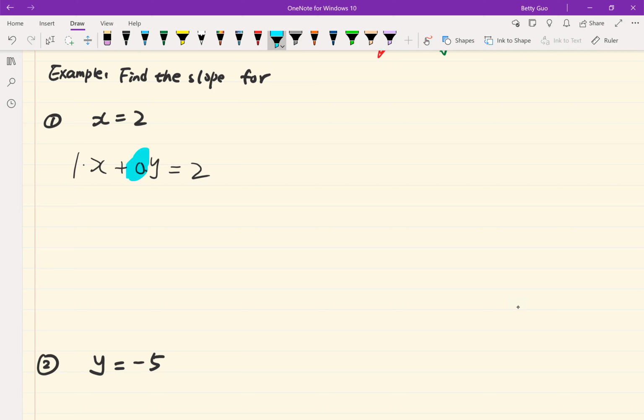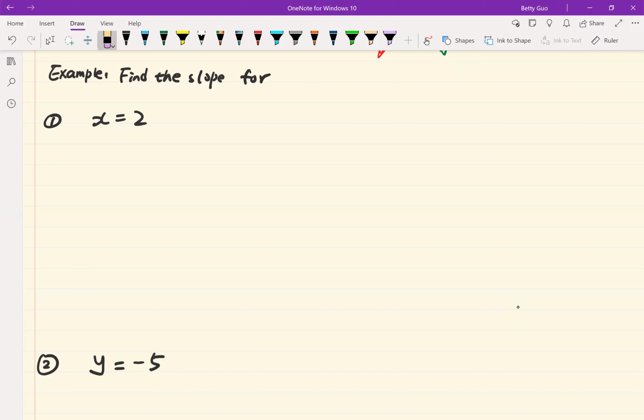So this equation corresponds to a straight line in the rectangular coordinate system. What kind of straight line do you guys remember? What kind of straight line is x equals 2? We had this covered yesterday. We graphed this line.